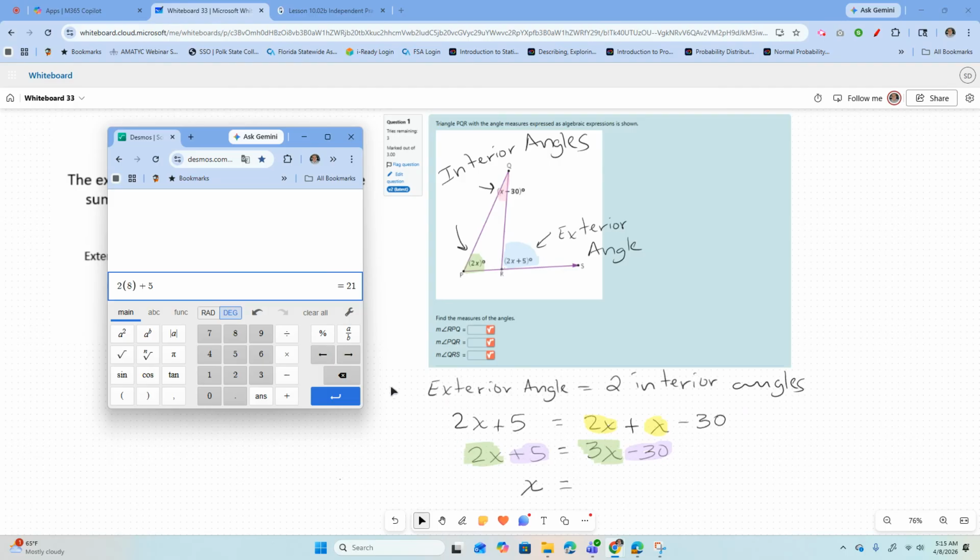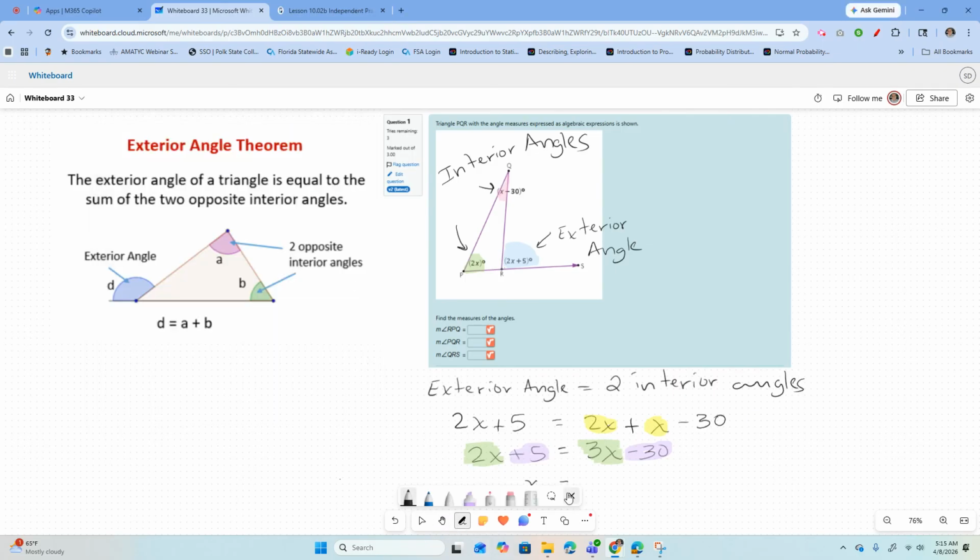So let me take the calculator so I show you. 5 minus negative 30, and you can see what I got there. I got 35. And that will be my value of x.